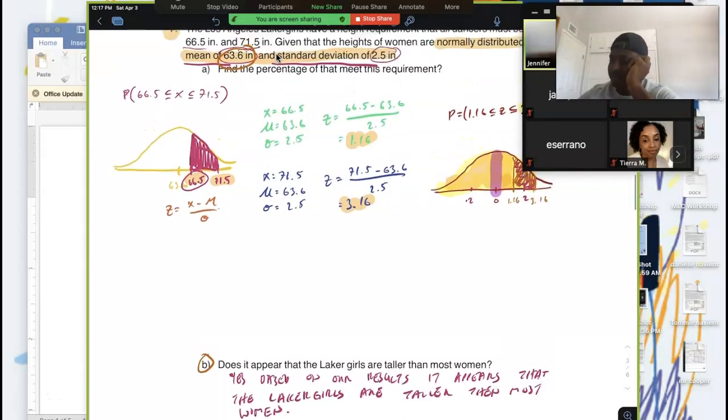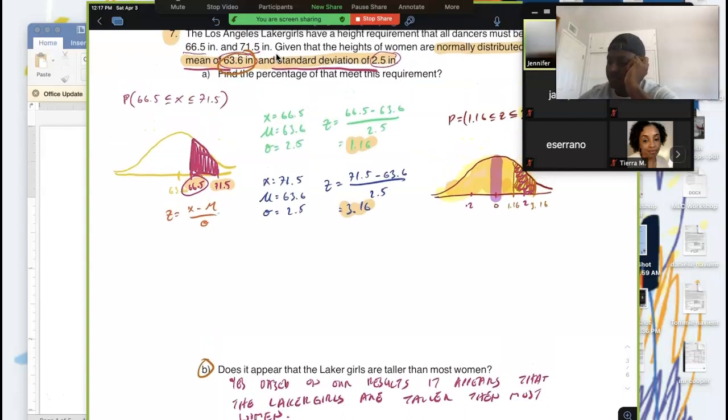Because how tall is that? 66 inches. 5'5". 5'5" to just over 6 foot.